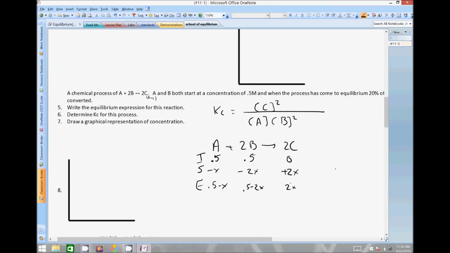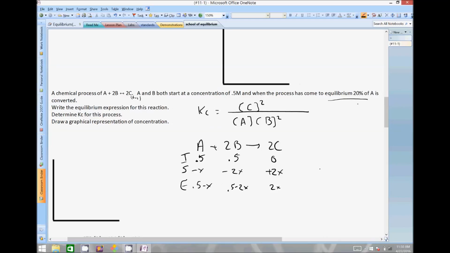They say that the amount of A that changes is 20%. So that means as we drop from here to here, it loses 20%. Or they may just say, by the way, A at equilibrium equals 0.4. They might just tell you that, which is the same, because 20% of 0.5 is 0.1, and therefore this value here equals 0.4, and this is 0.1, this is 0.2, and this is 0.2.